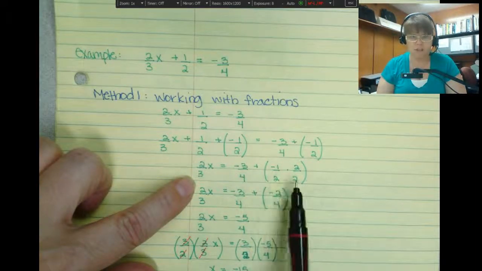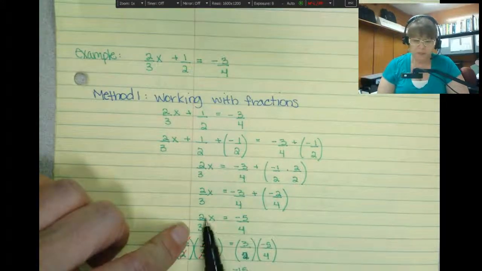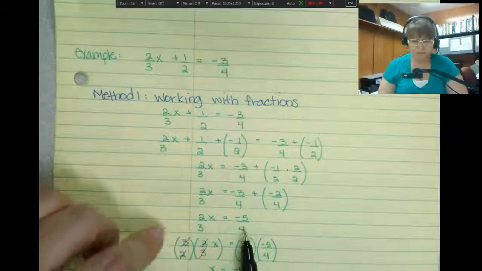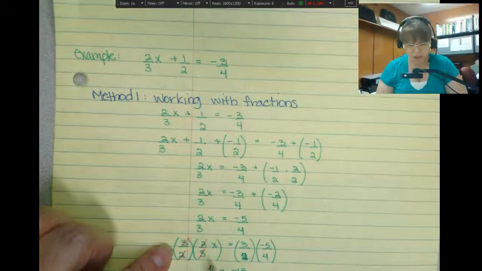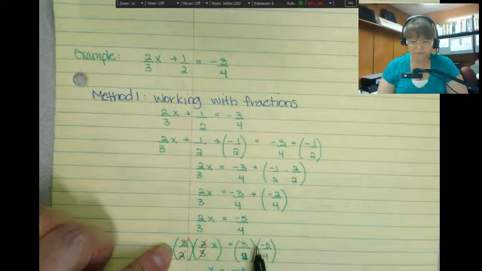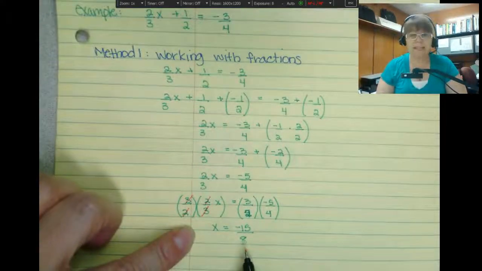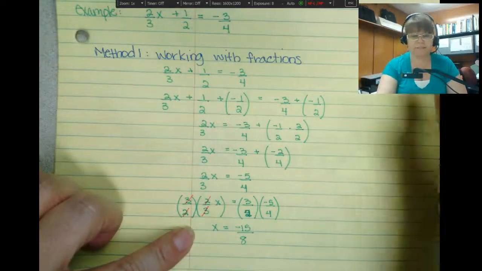I need to find the common denominator. And my problem comes down to positive 2/3 x equals negative 5/4. I multiply both sides by the reciprocal of the coefficient, which is 3/2, and my solution is x equals negative 15/8. That's one method where we keep the fractions, we just work with the fractions.